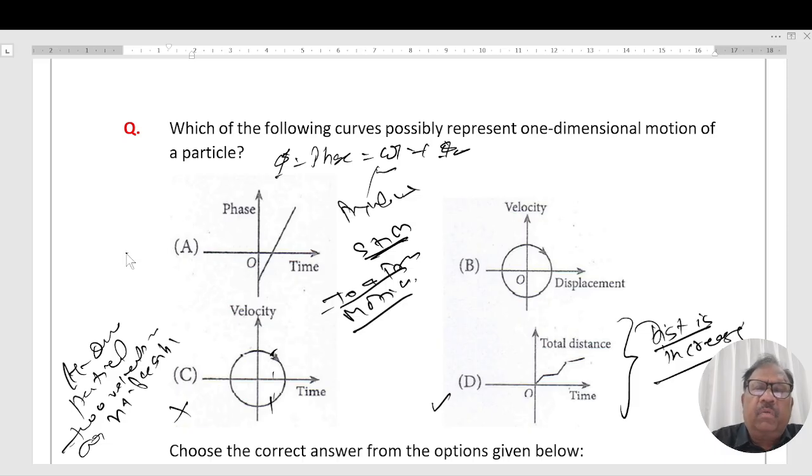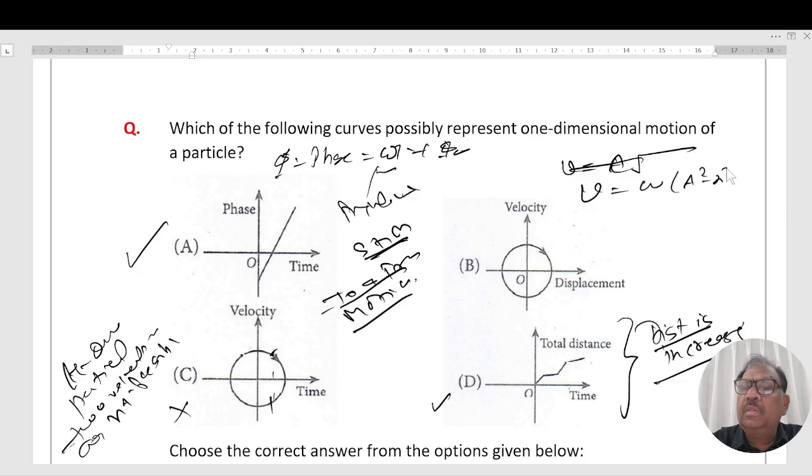Then this is correct. And in this case, velocity of SHM is given by omega under root A square minus x square. That is v square equal to omega square A square minus omega square x square. That is v square plus omega square x square equal to constant.